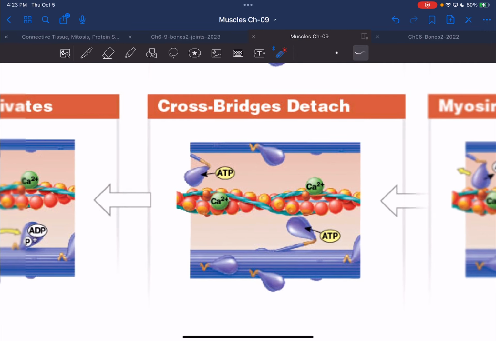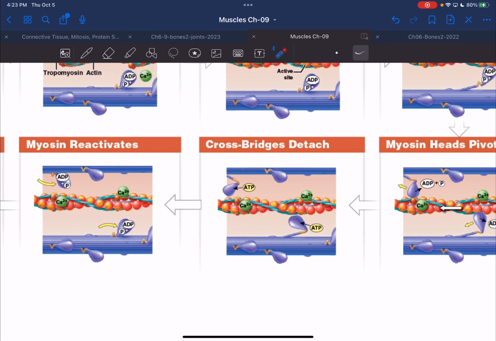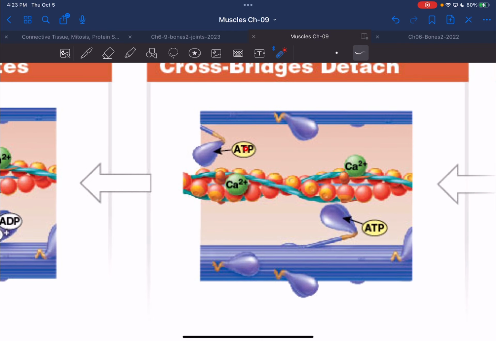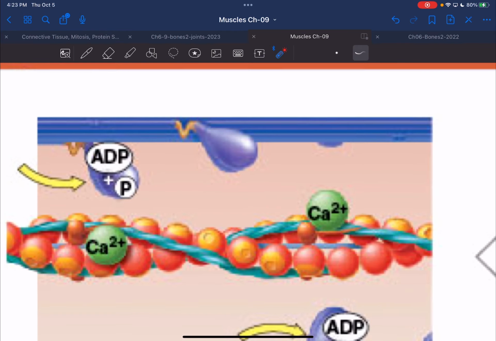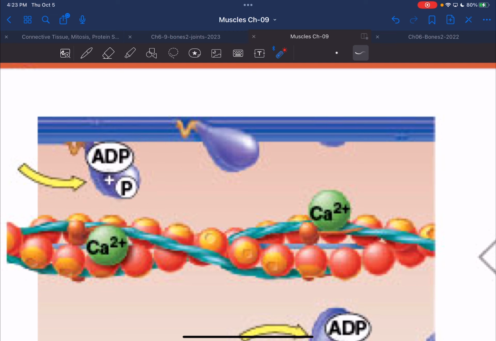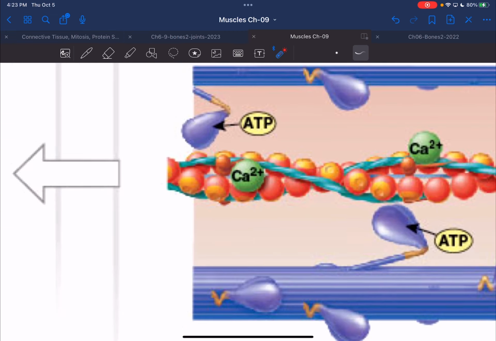We call this, like when you hear in the movies that they go, ch, that's called cocking a gun. Same concept. When we say ATP goes there, it recocks the head, and then it pretty much means to reset it or put it in a position ready to do it all over again, to be able to shoot that bullet, so to speak. But otherwise, it's ready to activate again.